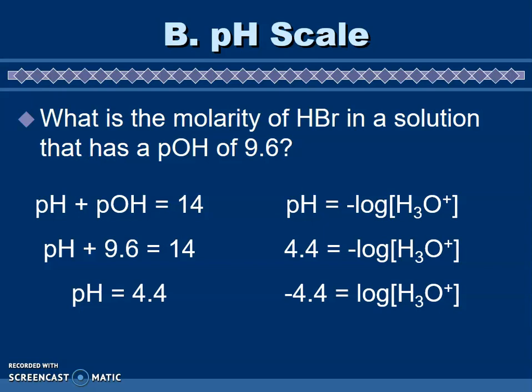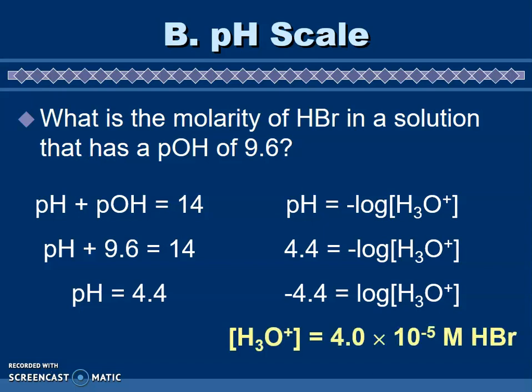That's all you have to do: second log, negative 4.4, and hit enter. Once you round, because we need 2 sig figs, you should get 4.0 times 10 to the negative 5th. Try that in your calculator. If you do not get this answer, get into contact with me so I can help you figure out how your calculator works.